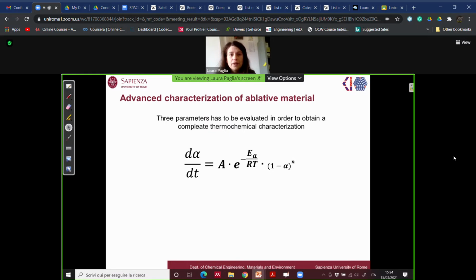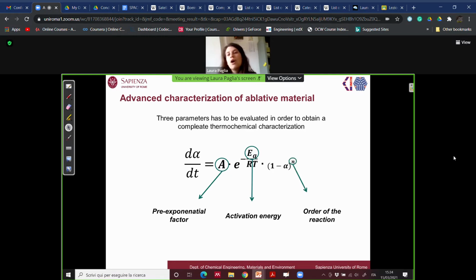Then, if I look at this equation, I have 3 different parameters which have to be calculated: A, the pre-exponential factor, Ea, the activation energy, and then n, which is the order of reaction.